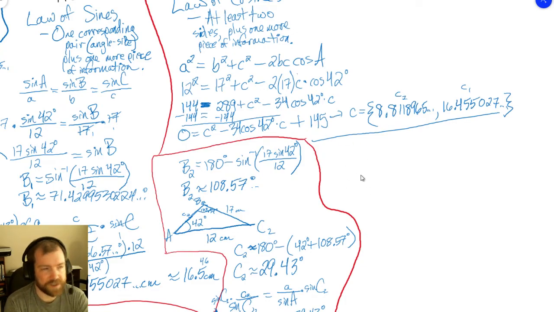It works just the same. So my recommendation is that when you have this, you need to find the C value for each of these.